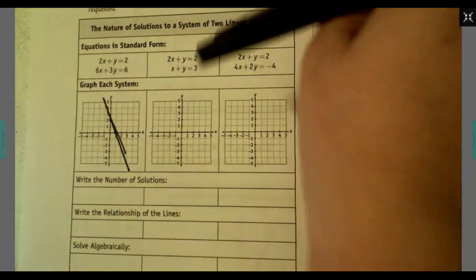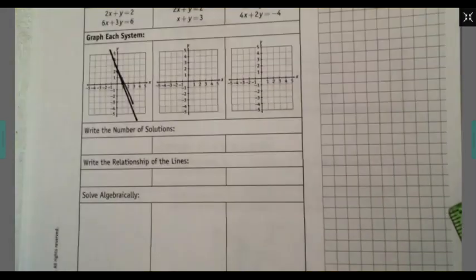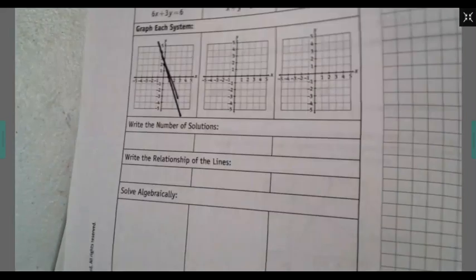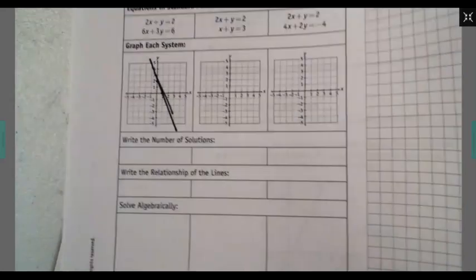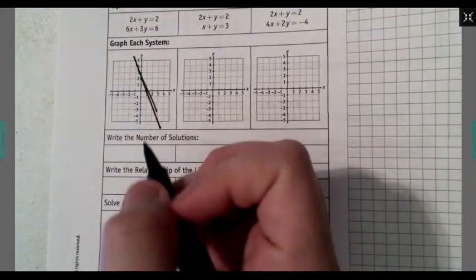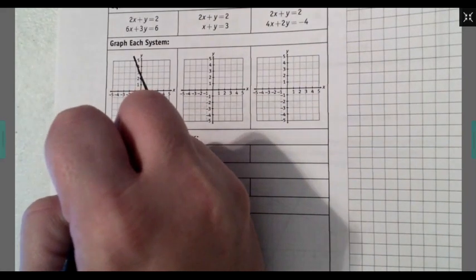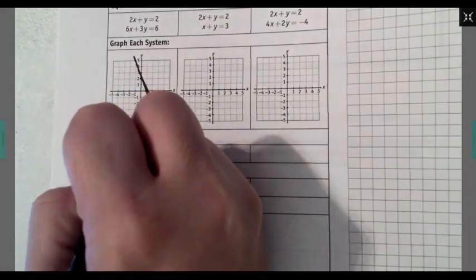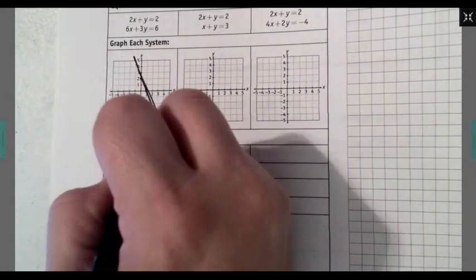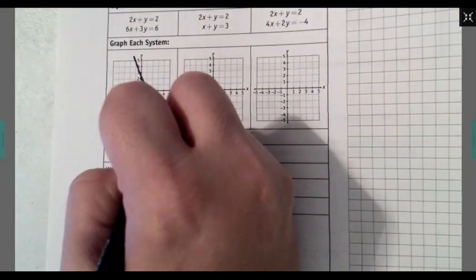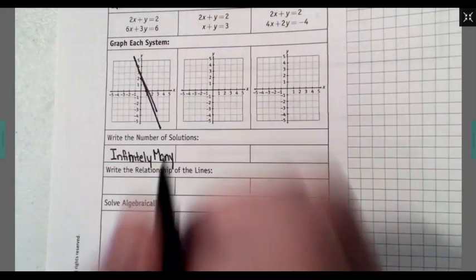So the next piece tells me, write the number of solutions. Well, if I only have one line, how many solutions do we have? This is what we call infinitely many solutions.